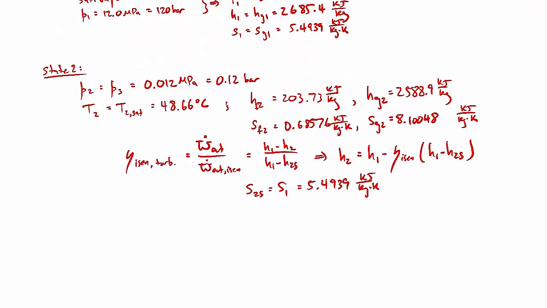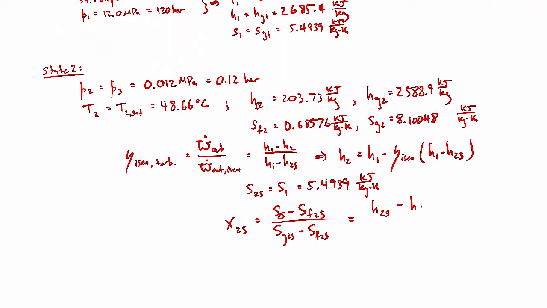So let's first find the quality at state 2s. That'll just be S2s minus SF2s all over SG2s minus SF2s. Okay, so we have all the numbers given above to find that. And when we solve for that, that comes out to be, well, I guess I didn't actually solve for that. What I did is I just said that the same quality will be the same quality used to find the specific enthalpy.